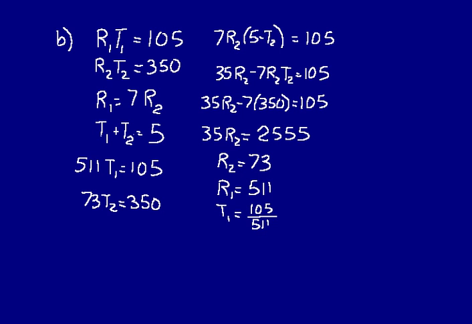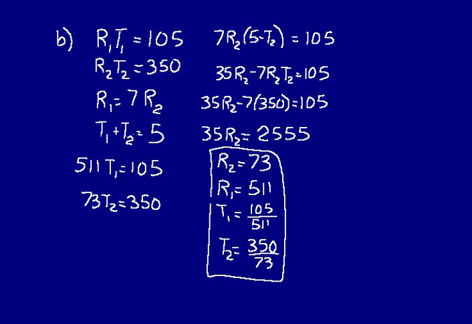So T2, that's just equal to 350 over 73. 73 is a prime number, so we can't simplify that. And so those are our four answers. Got kind of strange fractions there for the two t values, but that's okay. If you add those two t values together, you should get 5 for an answer.